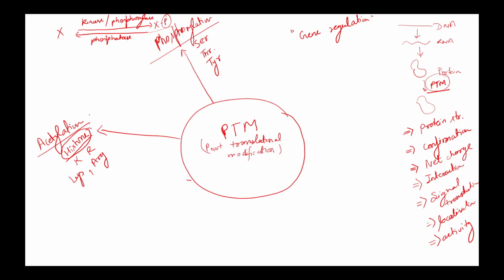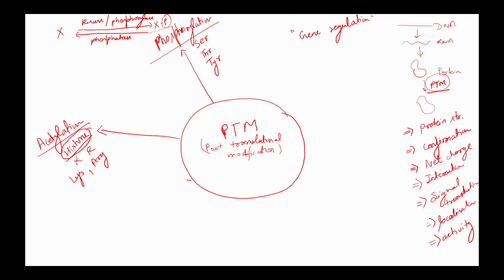But due to acetylation, the positive charge of the histone proteins is reduced, and thus the interaction of acetylated histone with the DNA molecules becomes reduced. That's why the nucleosome structure becomes less compact and more loose, and that provides the active site for transcription to take place.